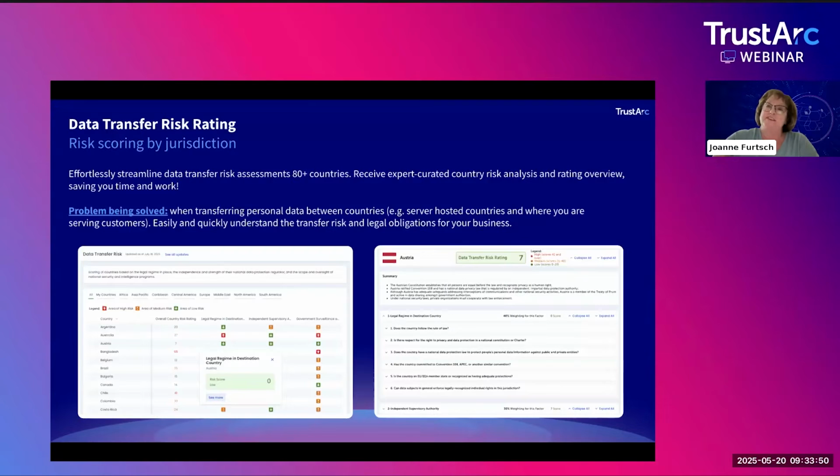At TrustArc, we analyzed over 80 different jurisdictions to address some of these questions for you. The key consideration for data transfers is the risk associated with the destination and the protections in place within that jurisdiction.